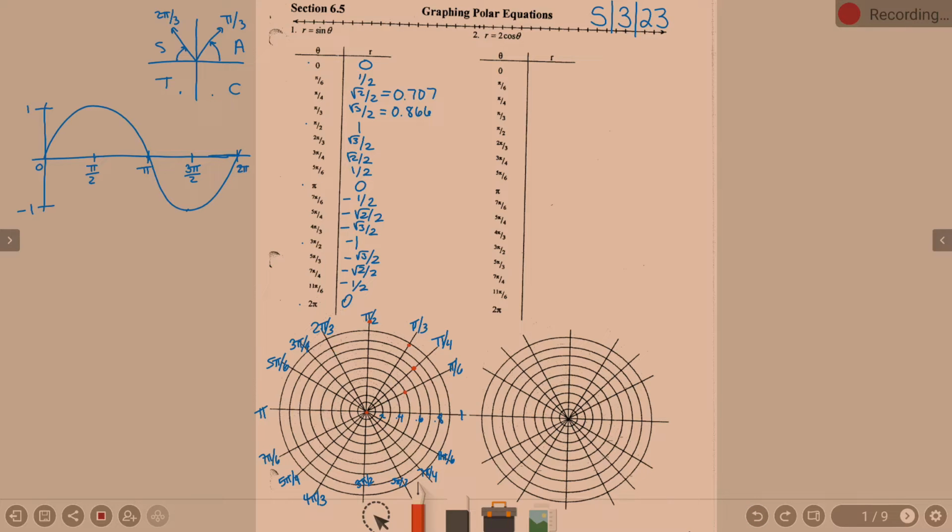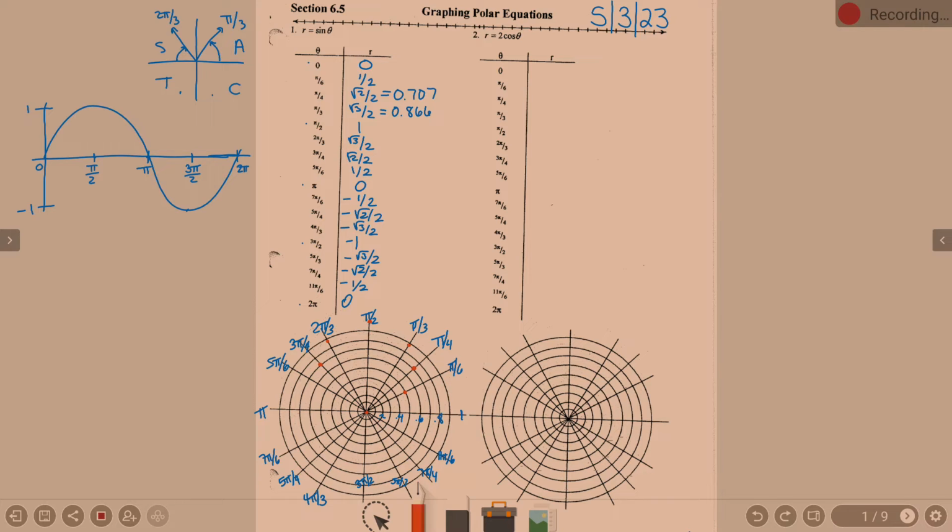I goofed, didn't I? No, it's the right way. This is what the graph's supposed to look like. My goof was that I didn't go out to the almost 9th ring. I just miscounted. I'm forgetting the last ring is the 9th ring, right? 0.9 is our 9th ring. So now on 3 pi over 4, I should be about 0.7. There we go.